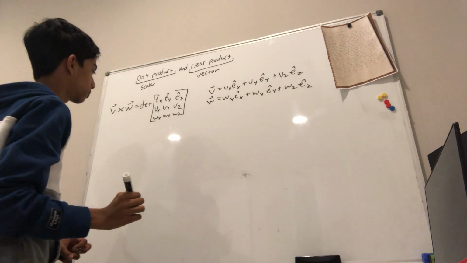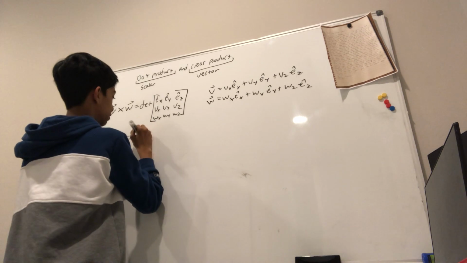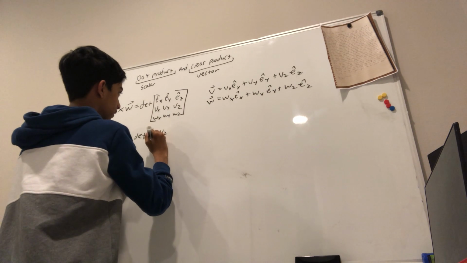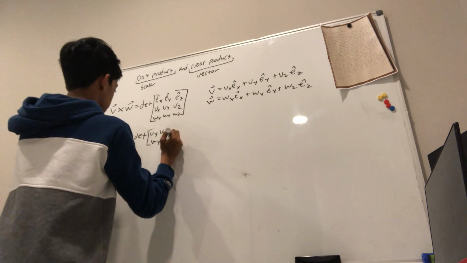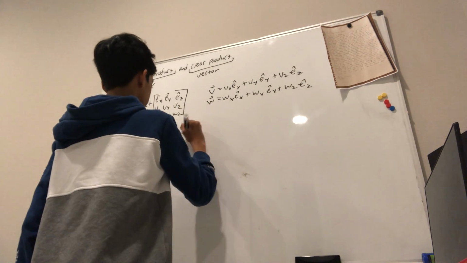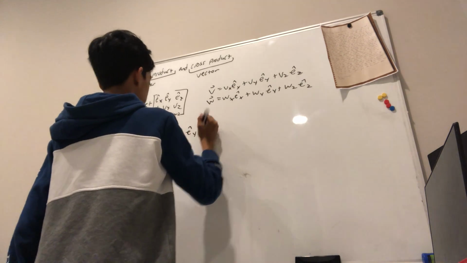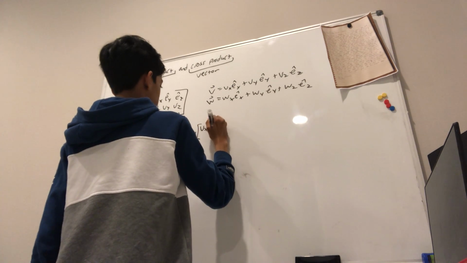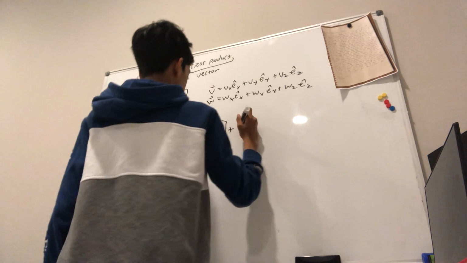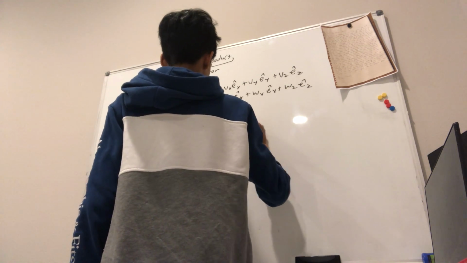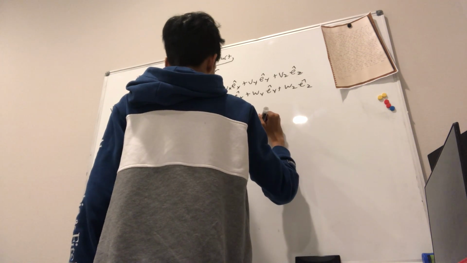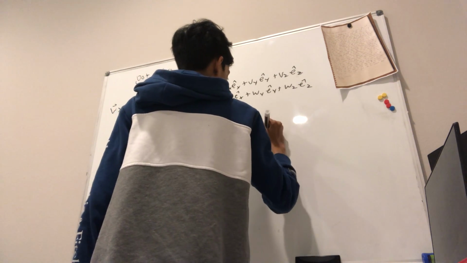So basically, taking the determinant of the matrix means that you take the determinant of vy vz wy wz times e hat x, plus e hat y times vx vz wx wz, plus e hat z times vx vy wx wy.